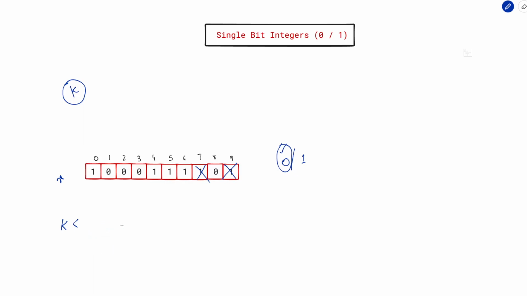Now the problem is how to figure out the minimum number of operations to make everything here 0. So the simplest thing is, we have these groups of 1, right? Now if any of them becomes 0, the rest of them you will be able to make 0 in just one operation, right?